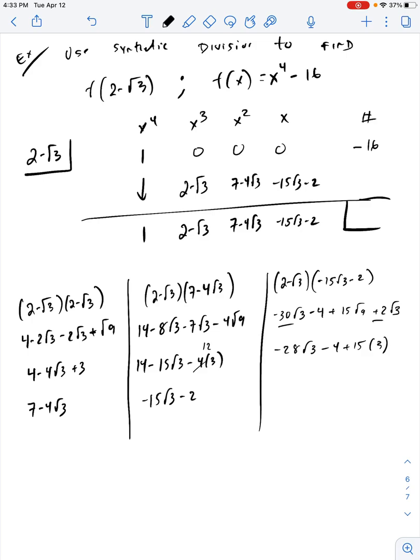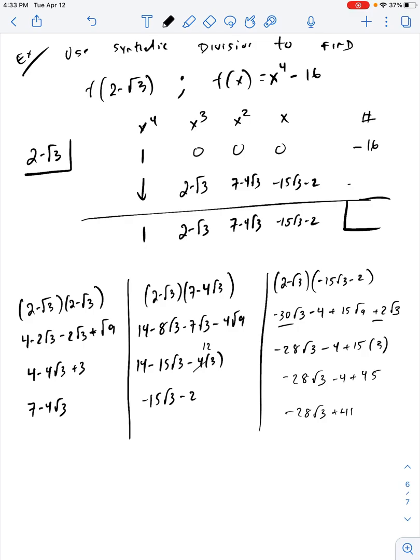And what are we left with here? Oh, we're left with negative 28 square root of 3 minus 4 plus this 45, or negative 28 square root of 3 plus 41.